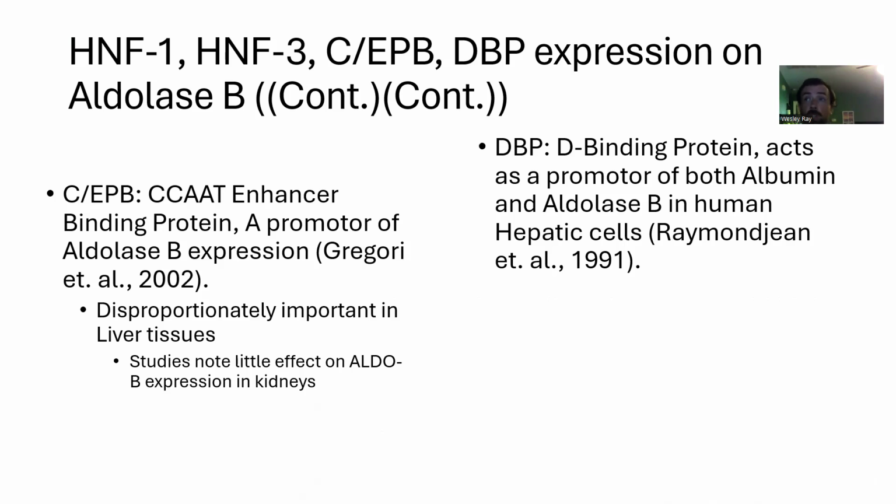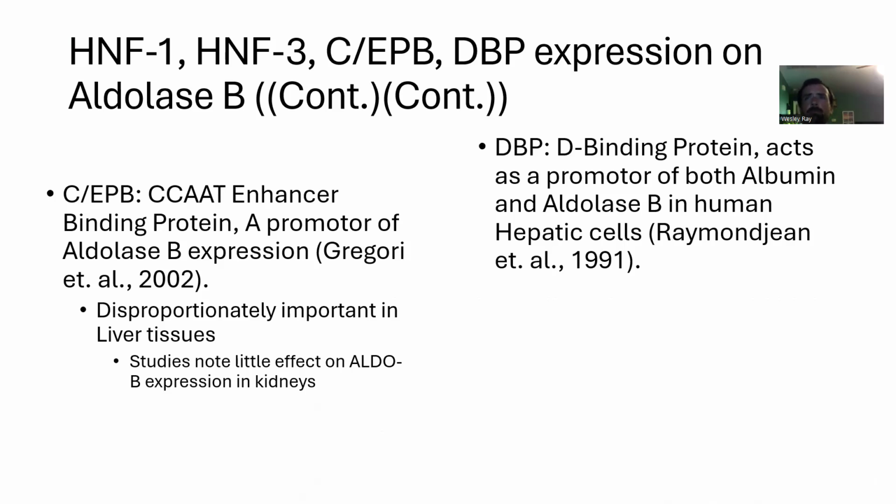I guess this person is like the aldolase B expert, and they do a lot of different studies in rat hepatocyte tissue. And they conducted a study where, I believe, they were knocking out the C-cat enhancer binding protein in these rat tissues, and they observed less of an effect on aldolase B expression in kidneys than what they observed in liver tissues.